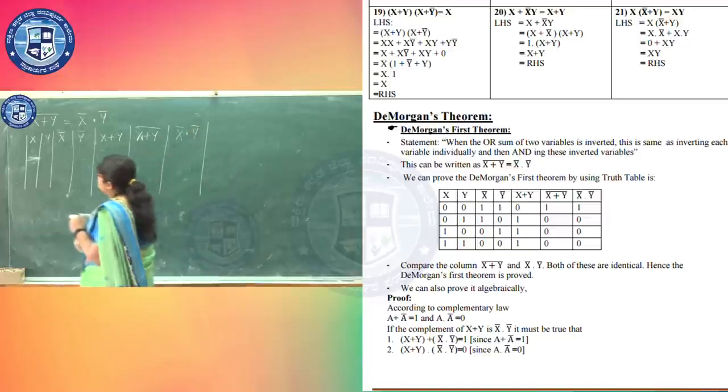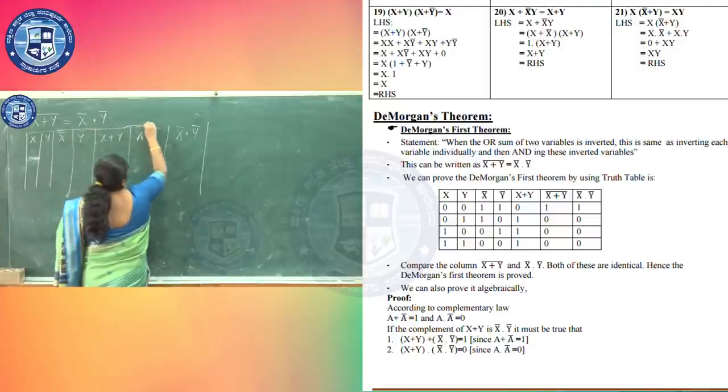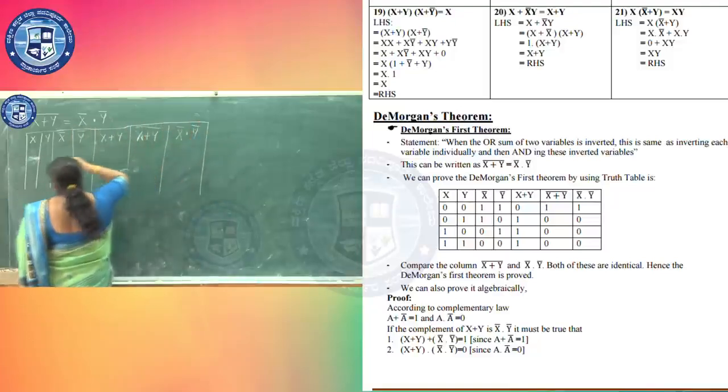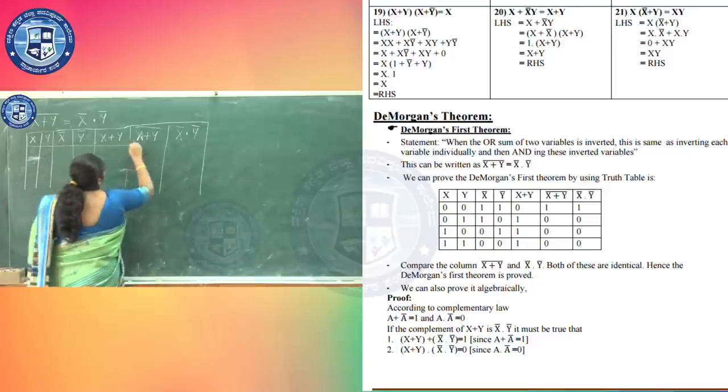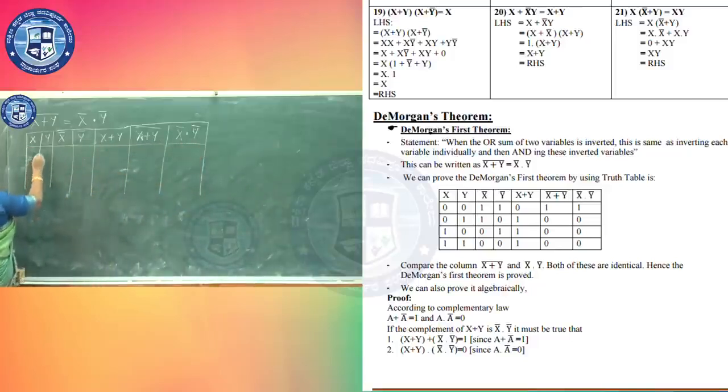So these are the different terms we require to put in our truth table. These are the possible values for x and y.